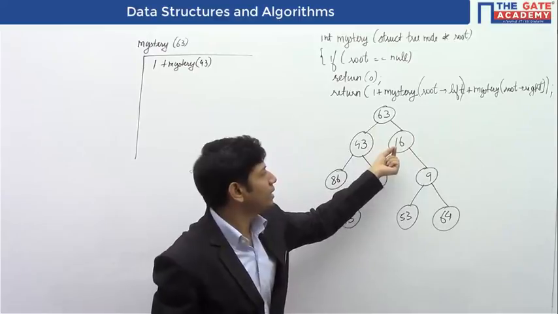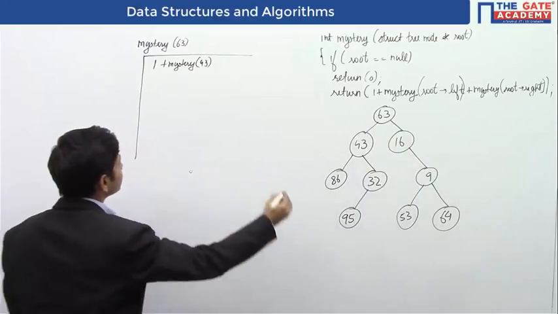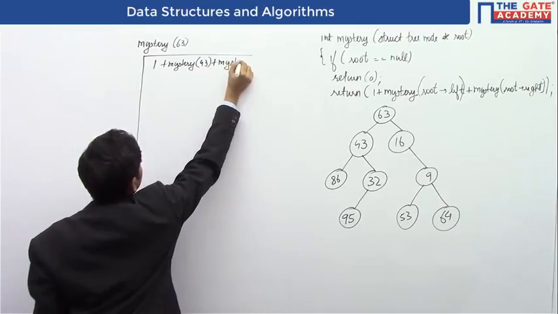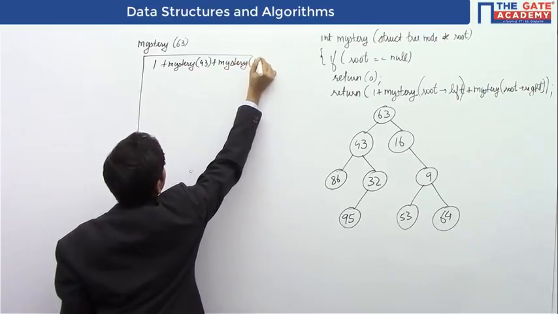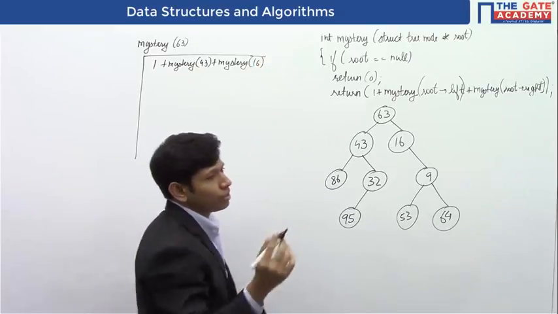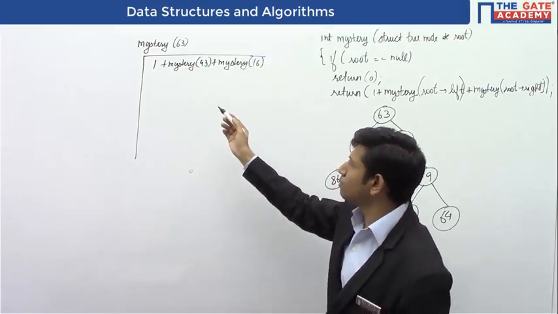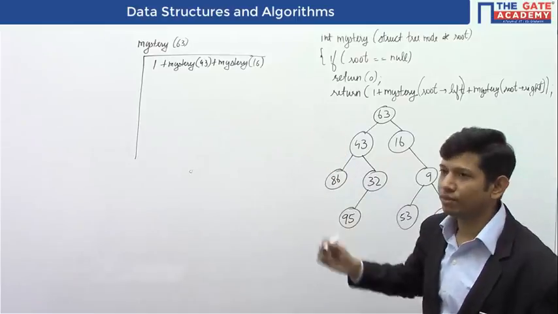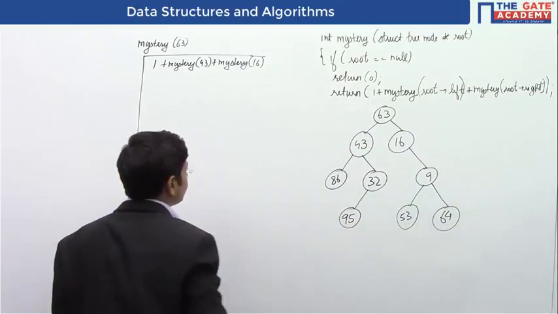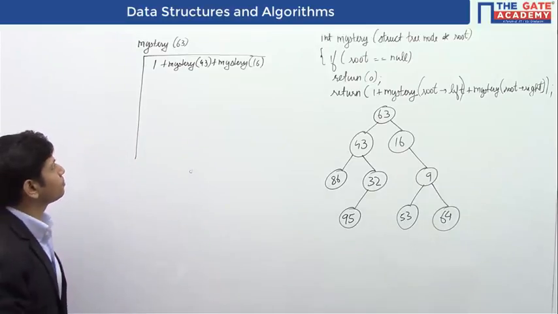What is root right? That is 16. So mystery of 63 called 1 plus mystery of 43 plus mystery of 16. Next we have to see what these two function calls will call.